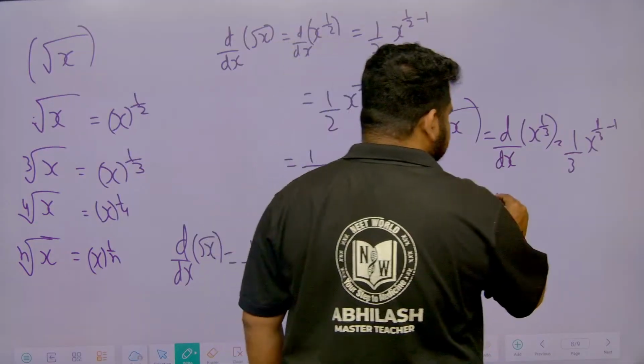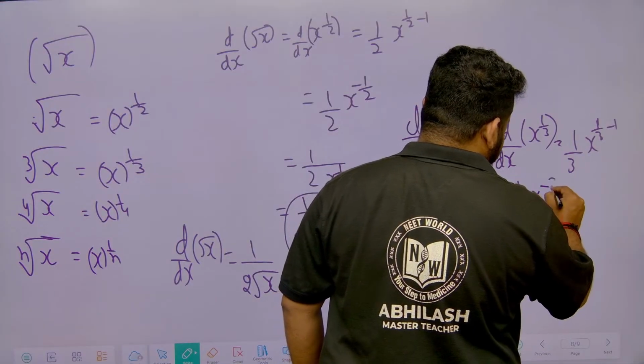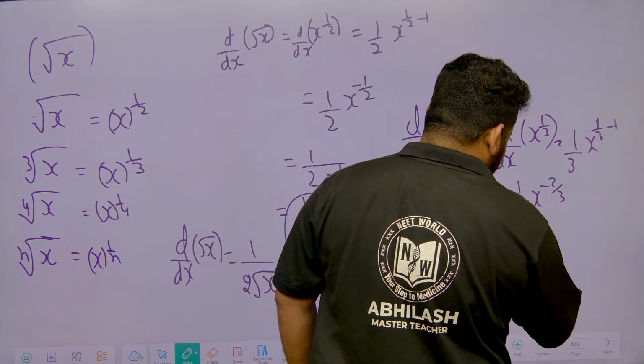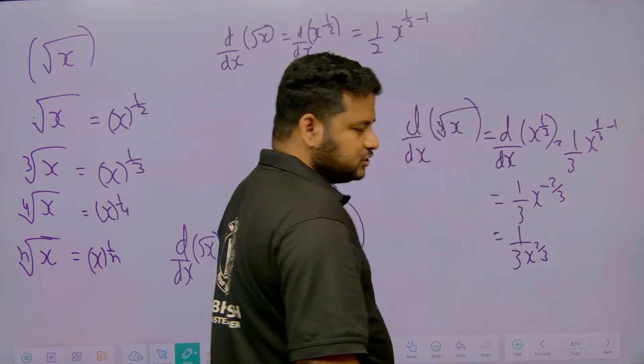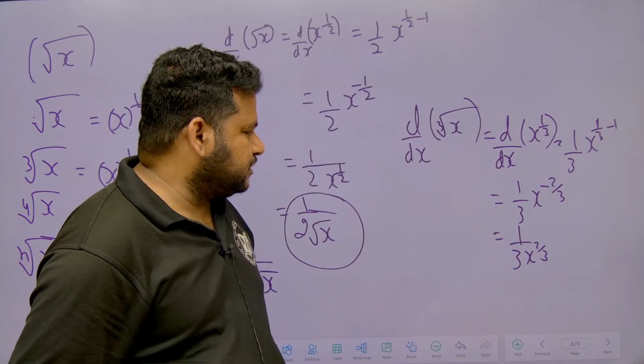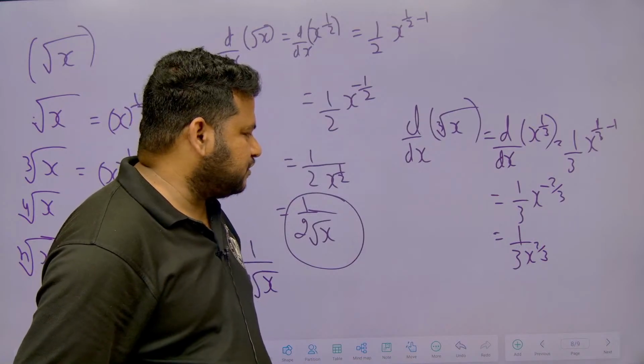So 1 by 3 x to the power of minus 2 by 3. If I bring it down, I will get 1 by 3 x to the power of 2 by 3.